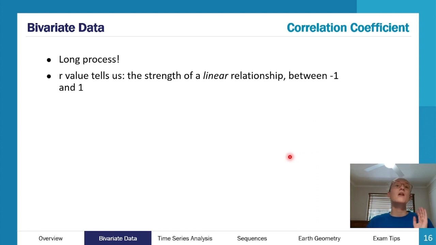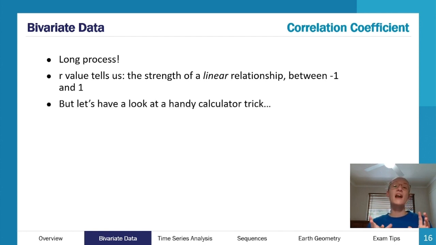And +1 would be a direct perfect positive correlation. If it's close to 0 in the middle, that means all of our dots are really randomly scattered around and we don't really have an association present. But you can start to see how having this range and the statistical process of calculating an R value is really valuable, because it can tell us the exact and precise mathematical strength of the relationship.